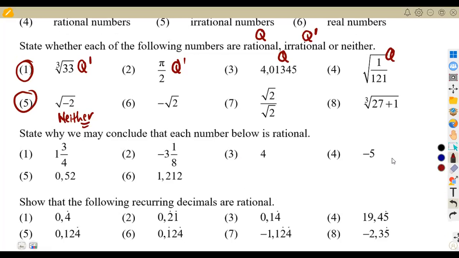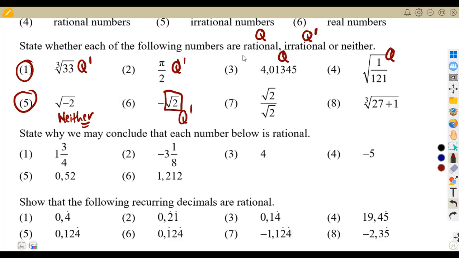Then here we've got minus the square root of 2. Remember, the square root of 2 can be simplified, but it's not a rational number. It's an irrational number. So if you multiply your answer by a negative, it does not change. It is going to be an irrational number. That's a non-terminating, non-recurring decimal.